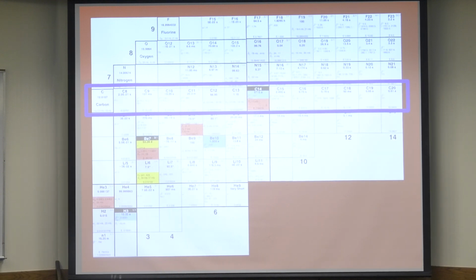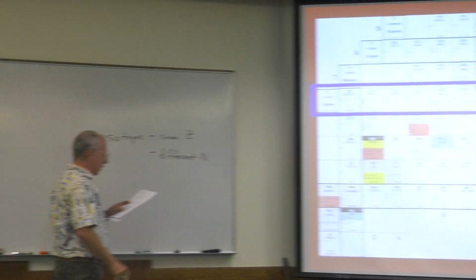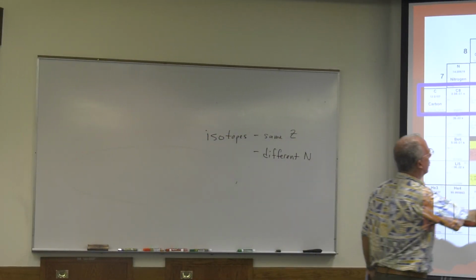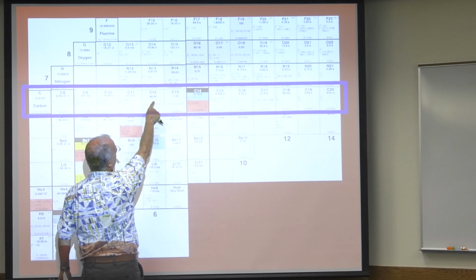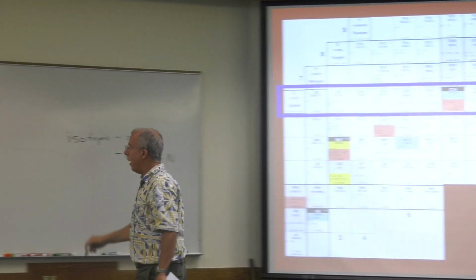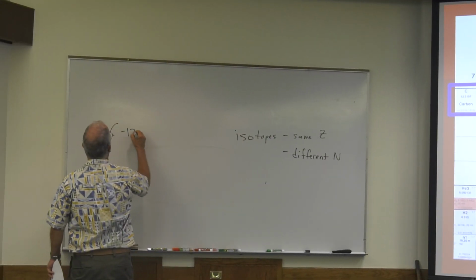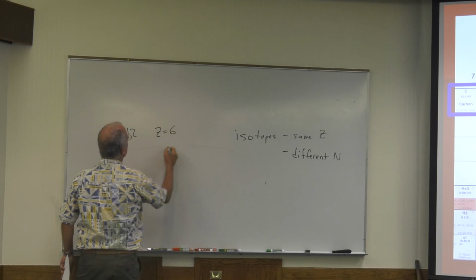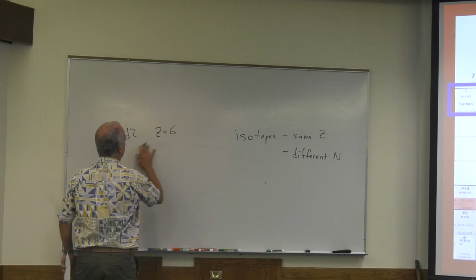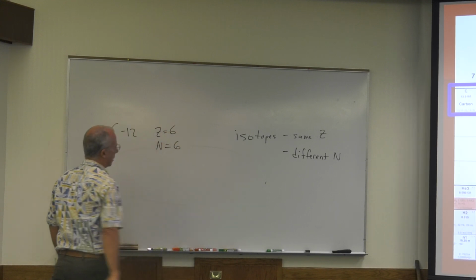Isotopes have the same Z. Carbon has Z equals 6, but different N. So for example, carbon 12, which is the most abundant form of carbon, has 6 protons and 6 neutrons.